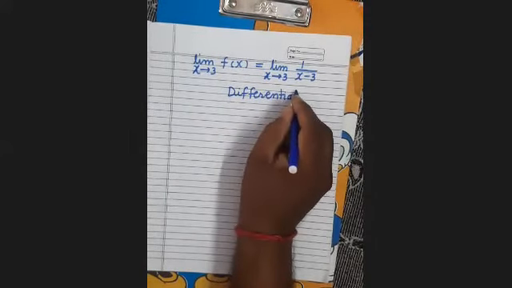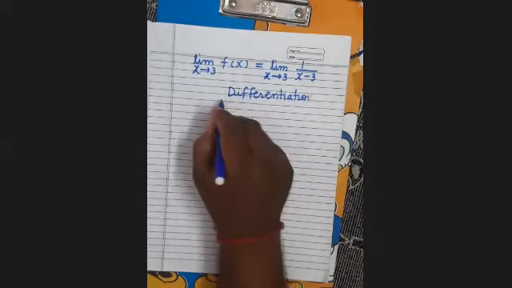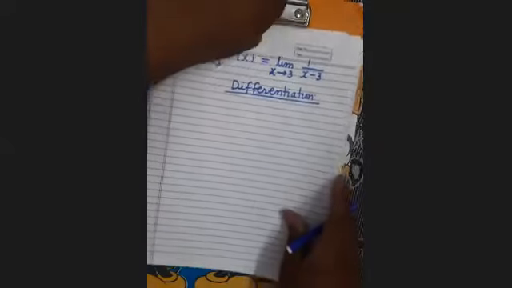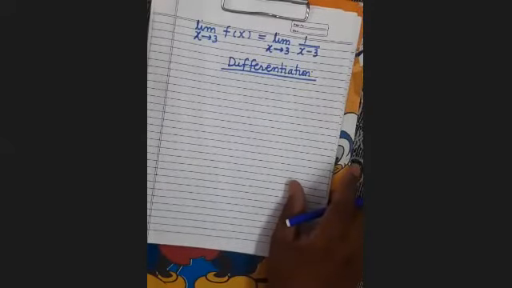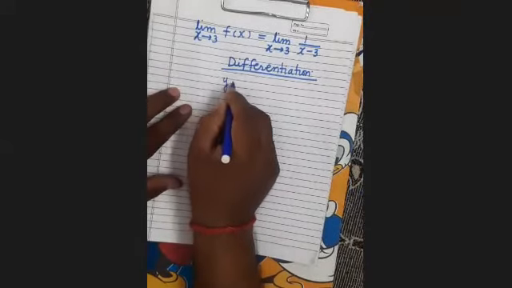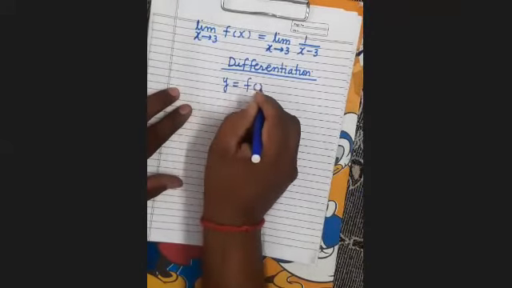Now before actually coming over this topic, first you see some types of functions. Functions are written as y equals f(x). It's clear.